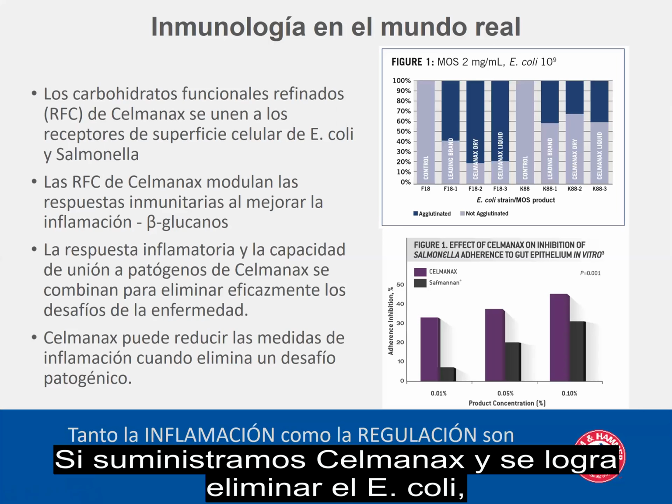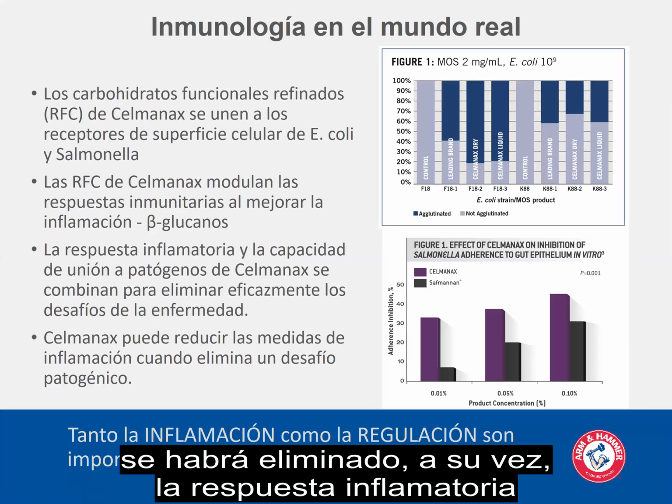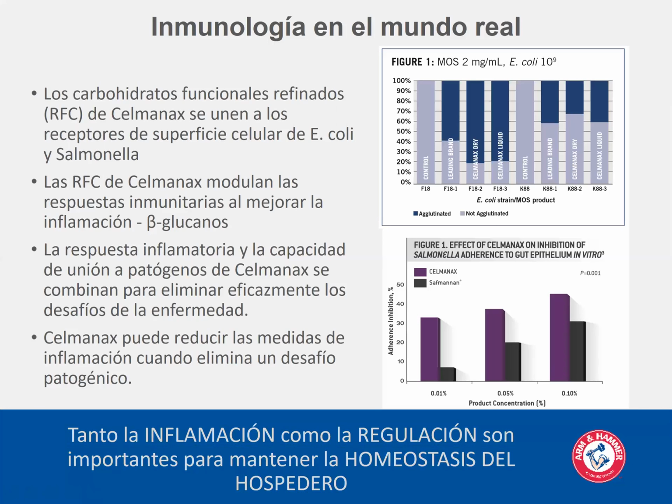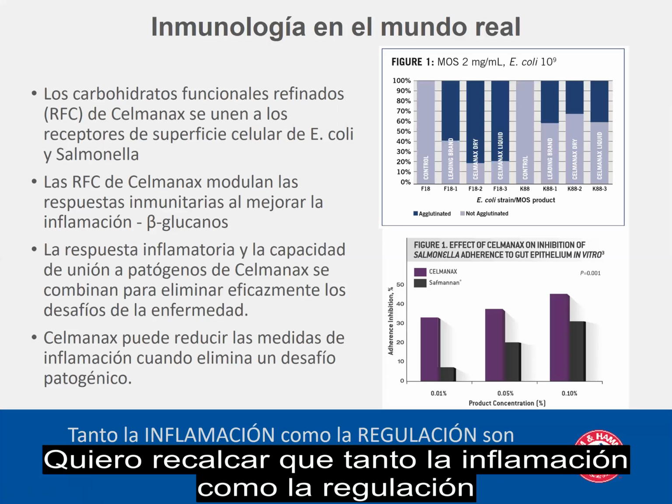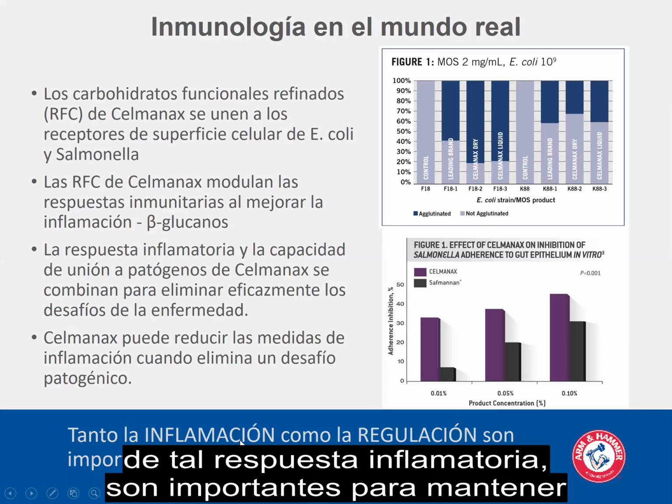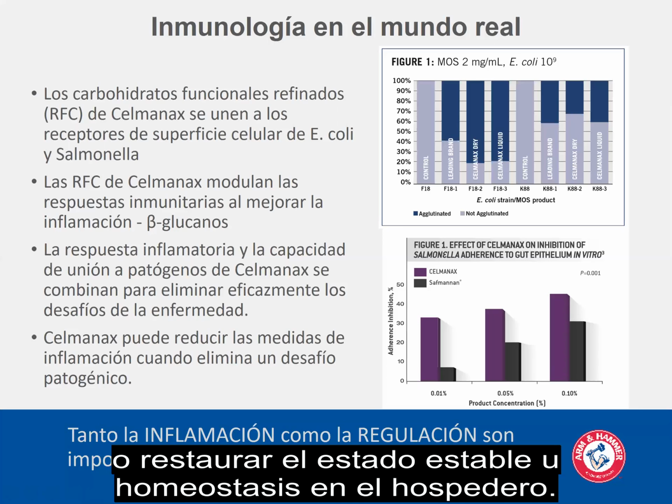If you put Salmonax in and it eliminates the E. coli, you now have eliminated the inflammatory response of E. coli that now appears to reduce the inflammation in the whole host system. So again, I'm going to bring back the message that both inflammation as well as regulation of that inflammatory response is important to maintain or bring about that steady state or host homeostasis.